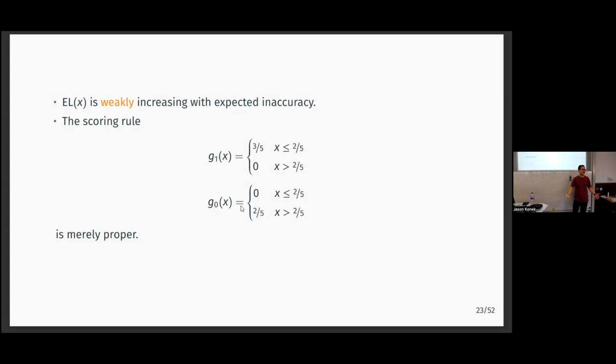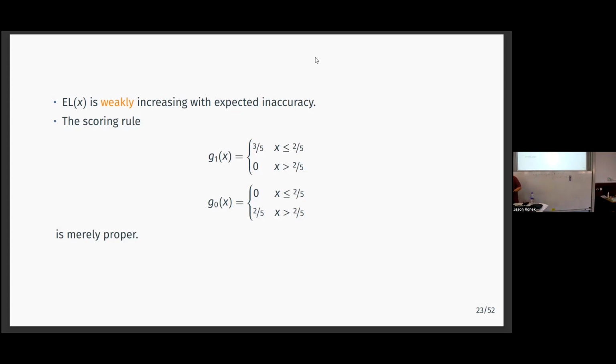That's how bad by her own lights the beliefs in her head are. Is that clear? Because this is kind of the basis of the whole approach. This is all a scoring rule is, by Schervish's construction.